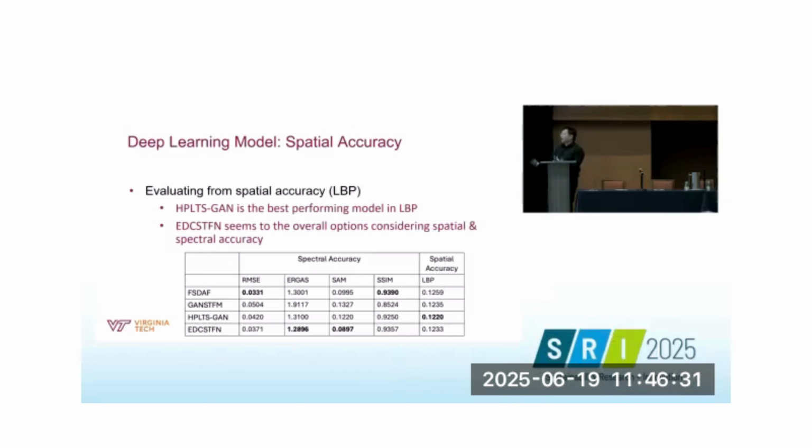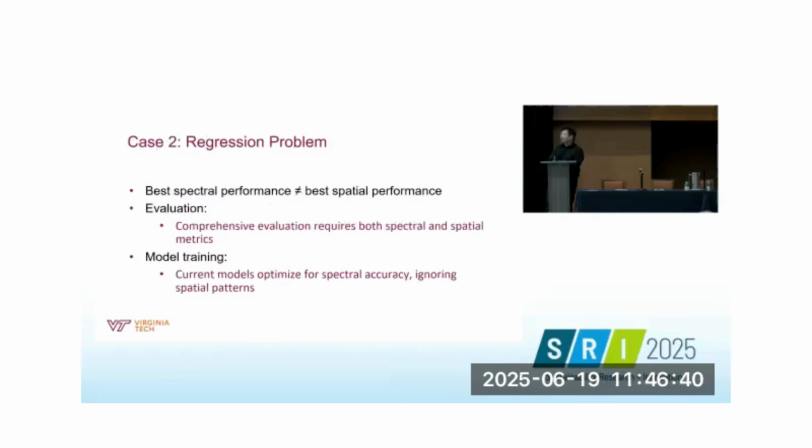What I want to bring up in this case study is that spatial accuracy should also play a big role in the evaluation of the GeoAI model. The best spectral performance doesn't mean the best spatial performance in GeoAI model evaluation. This happens when we are evaluating the model, but I also think that in model training or model construction, we should involve spatial thinking or spatial components.